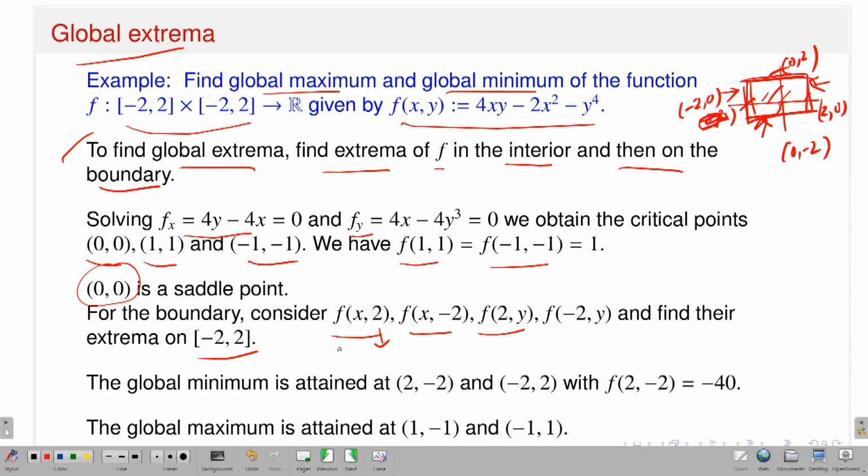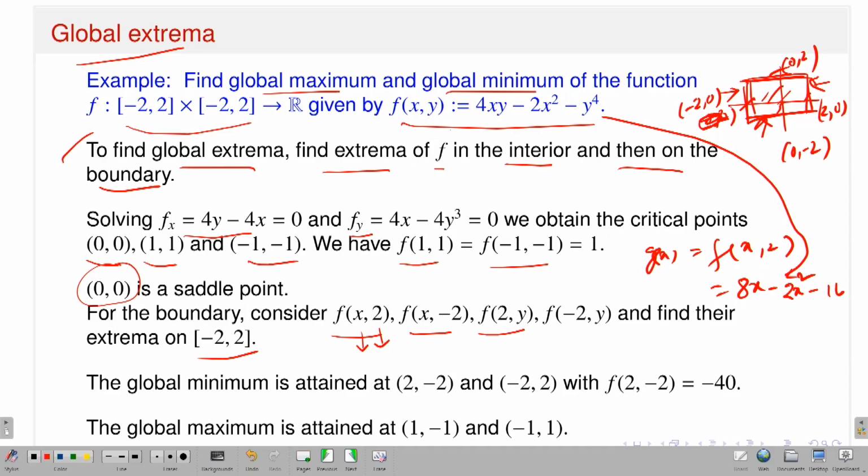For example, if I think about this function f(x,2), if I write g(x), which is exactly equal to f(x,2), f is given, so what will it give? Since y is equal to 2, this should be 8x minus 2x squared, and then y to the power 4 means 2 to the power 4, which is 16.